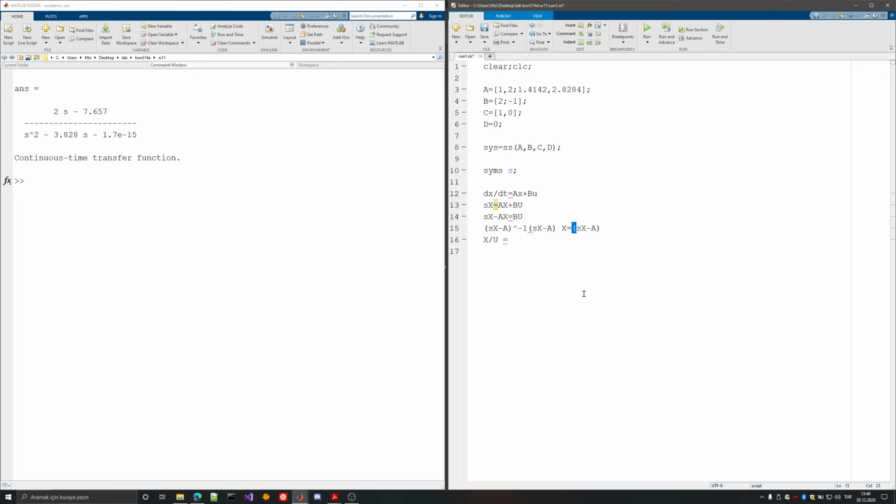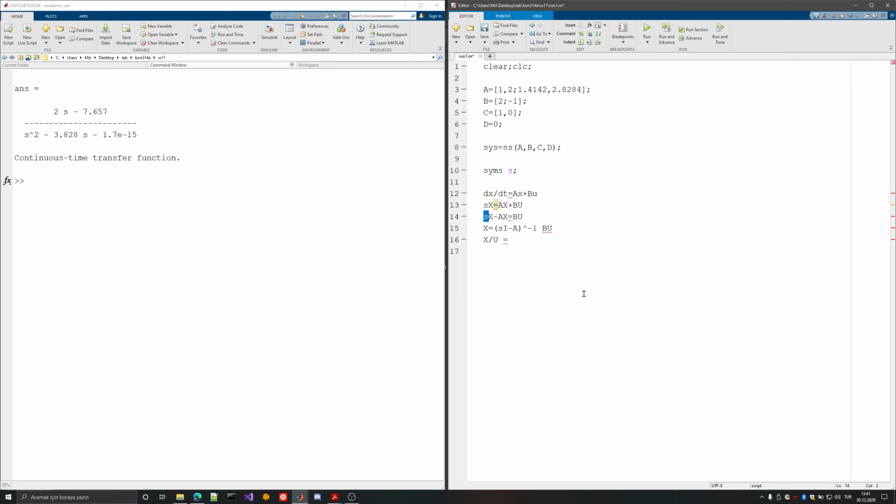So BU, and this will give me the identity matrix, and therefore this will vanish. But this is the inverse here. So this term will vanish, and I will get x divided by u as sI minus A inverse times B.